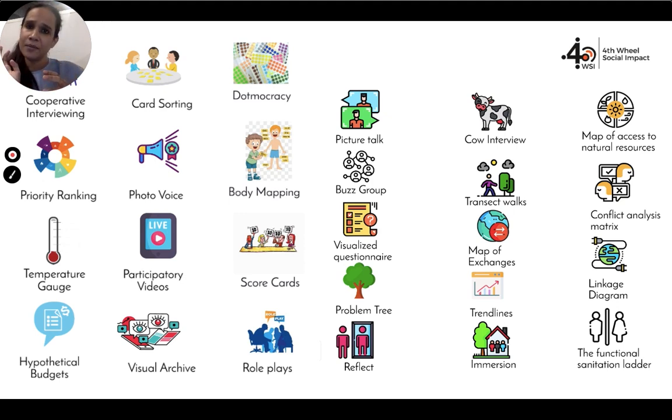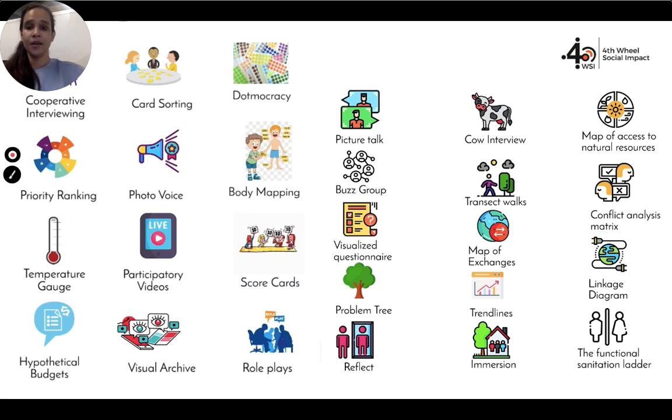Some of them can be used as monitoring. Some of them can be used as evaluation tools. And they each have to be really contextualized to the target audience and the geographies or the programs that you're operating in. But they can definitely give very rich and valuable data.